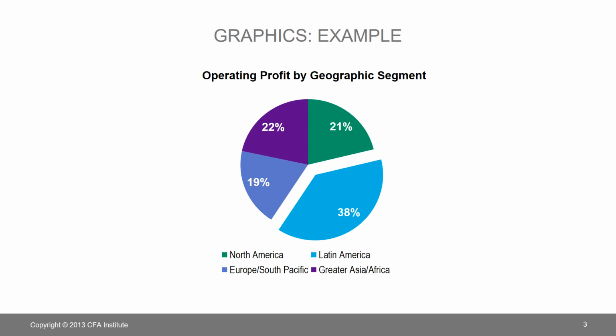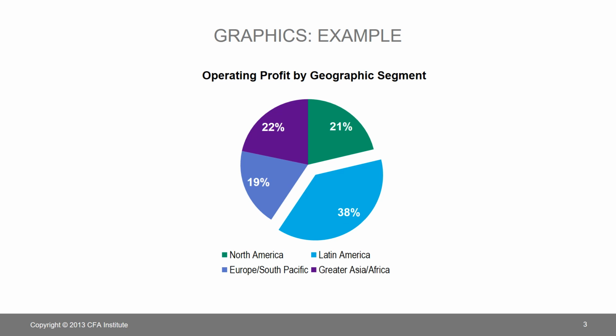This slide in front of you, as you can see, was created using an Excel pie chart, and it shows the geographic composition of the 2011 operating profit margin for Colgate-Palmolive's oral, personal and home care segment.